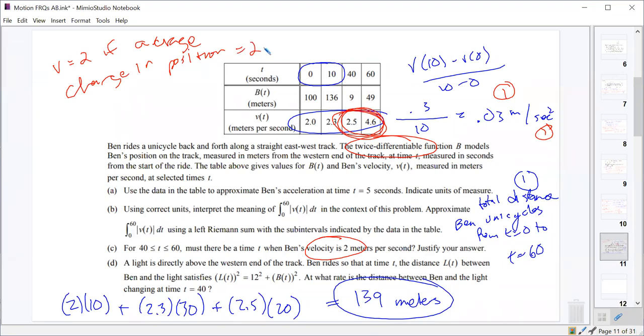Because that would be the mean value theorem. If you have a function that has an average rate of change on this interval of 2, then that must mean that the instantaneous rate of change on that interval must have also been 2 at some point.